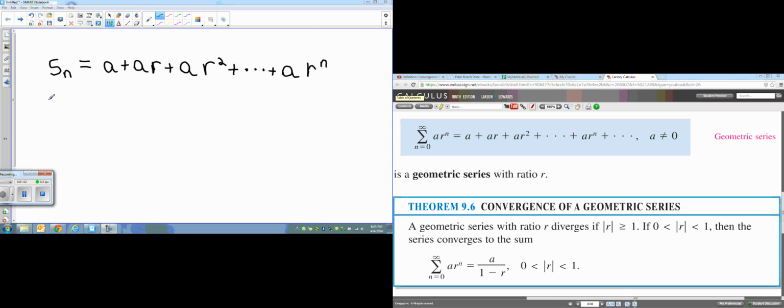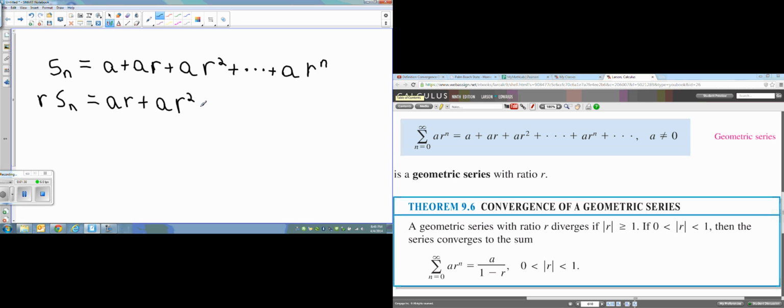If you go ahead and multiply this nth partial sum by r, you get r multiplied by Sn, and that would equal, well, this term when you multiply it by r, you get a times r. This term when you multiply it by r, you'd get a times r squared.